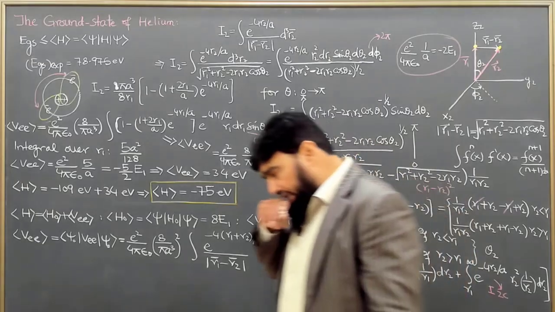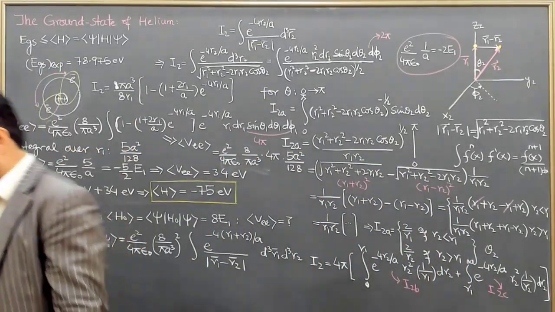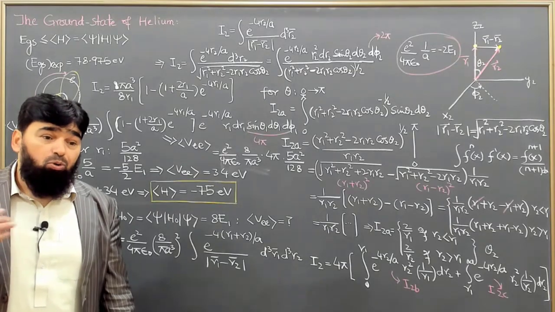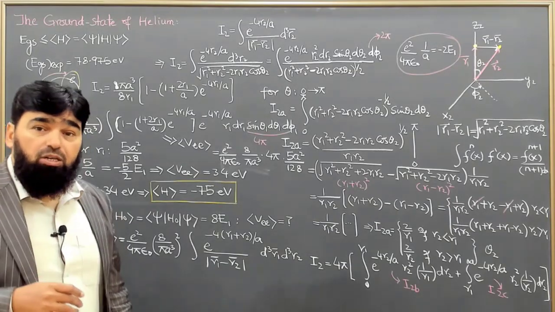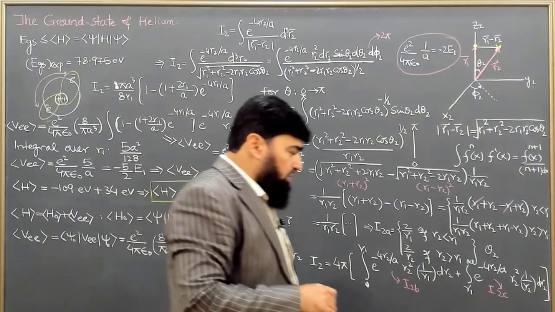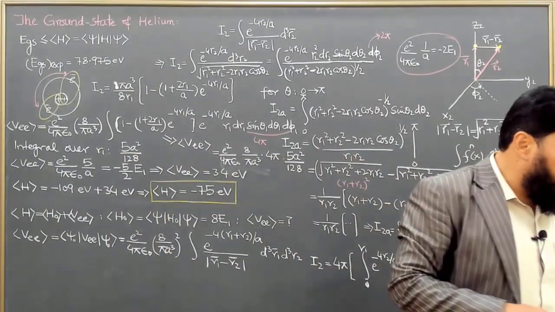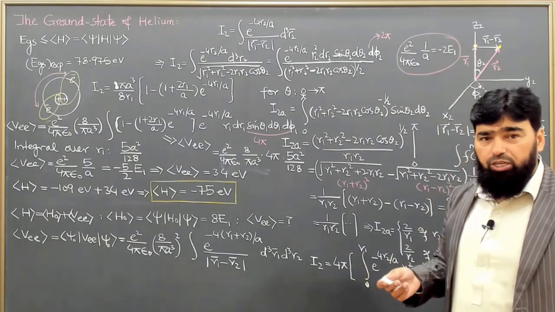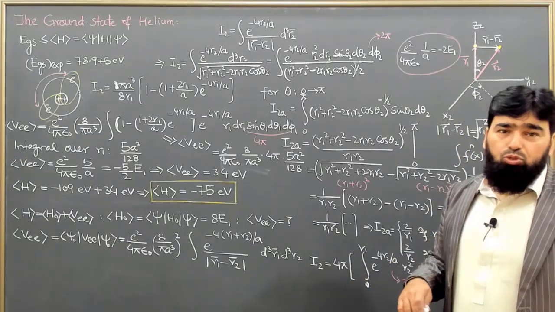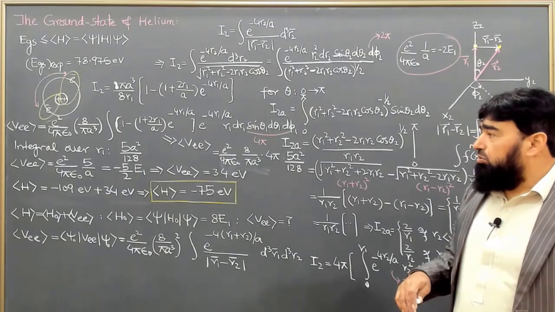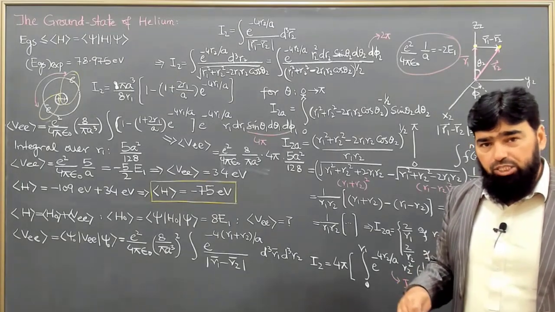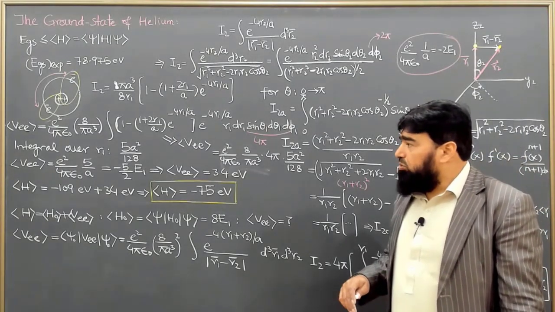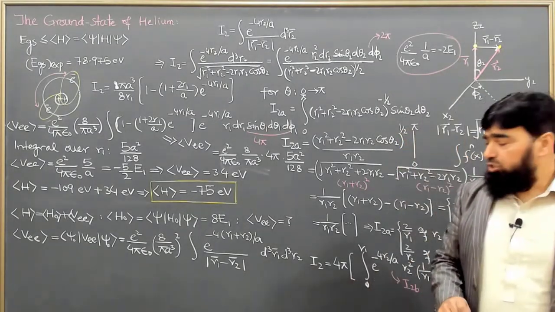After that, if we include all the details, then that 1.5 electron volt will be covered as well, because these are very fine details. But as per this course, we will only focus on the optimization of Z, and we will calculate the value of the Hamiltonian in that situation.